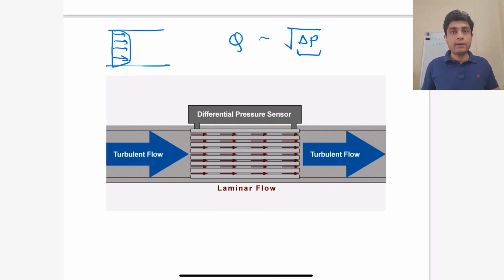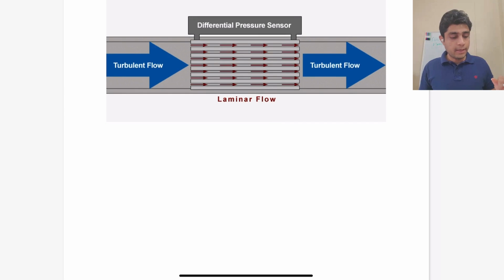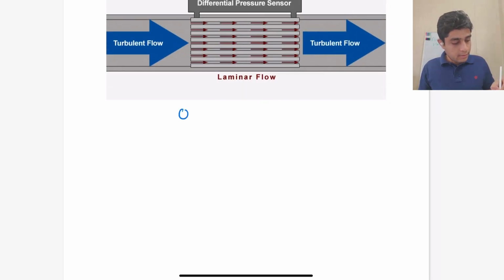And if your flow rate reduces to a very small value, then your pressure difference will reduce even further, and sometimes measuring that small pressure difference is not possible, and it leads to many errors. So it is desirable that a different relationship, like a linear relationship between the flow rate and the pressure, is used.